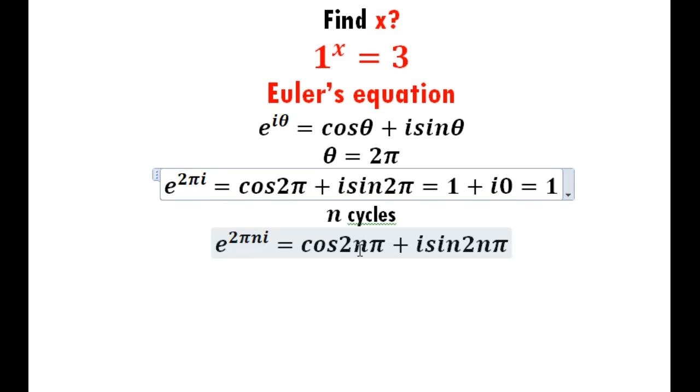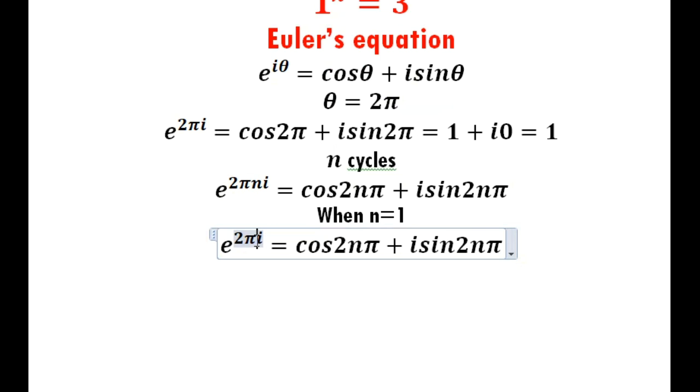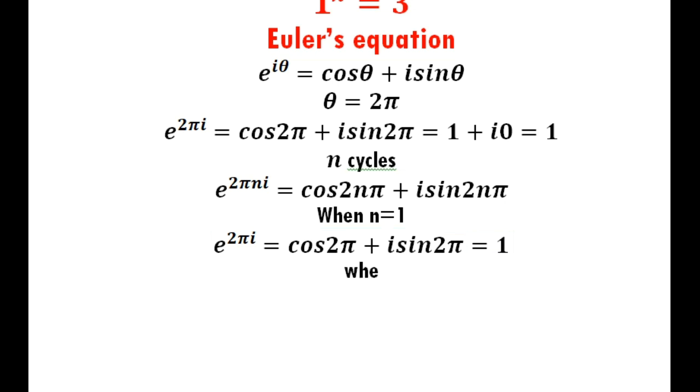for instance, when n is 1, we'll remain with exponential 2 pi i is equals to cos 2 pi plus i sin 2 pi, which we've already found to be 1. When n is 2, then our equation will be what?